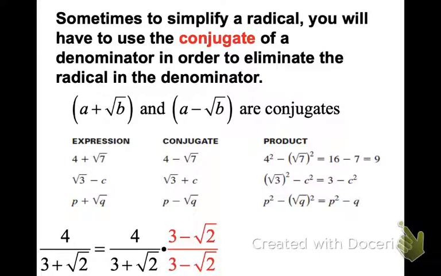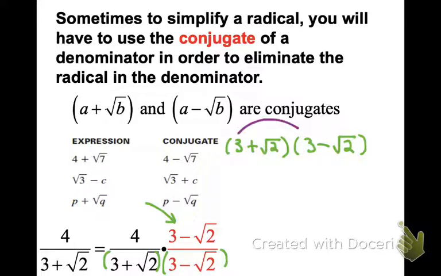And again, just like on the previous slide, we have to multiply the numerator and denominator because this is a form of 1, so we're really using our identity property. And then you're going to see a pattern, but we can FOIL this.